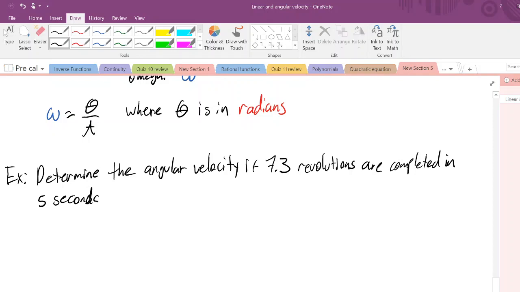Oh, there's a D in there. So first, convert to radians.